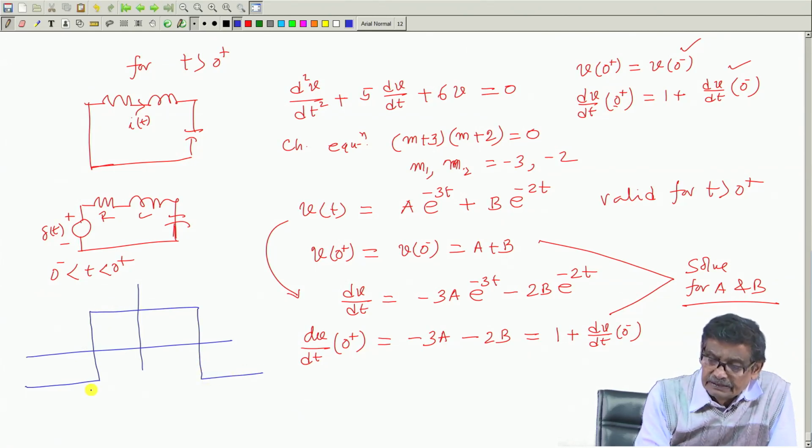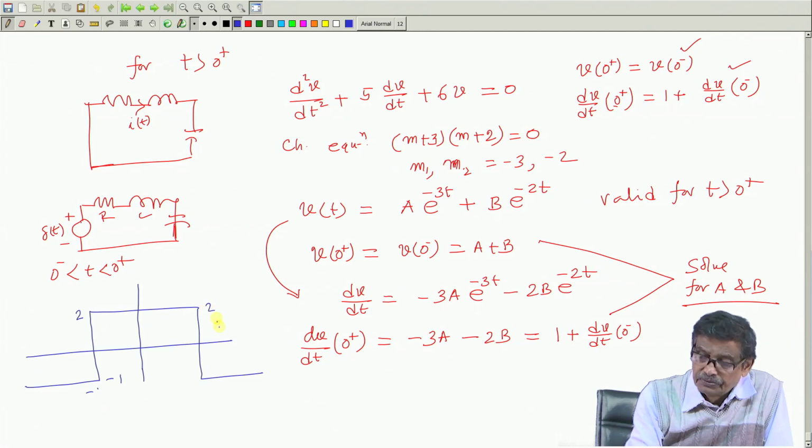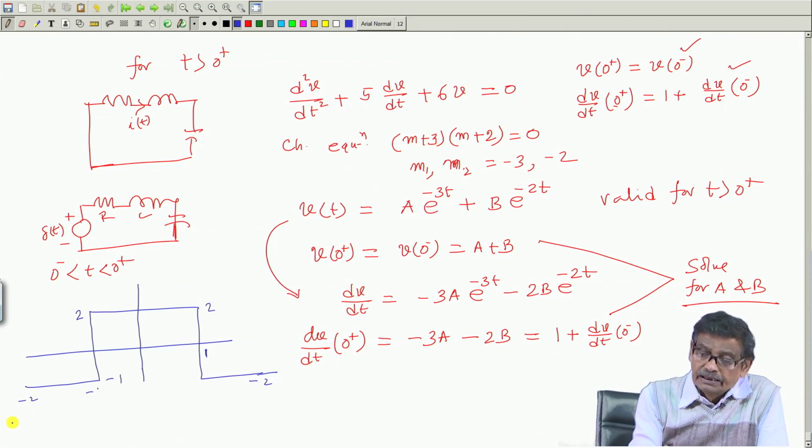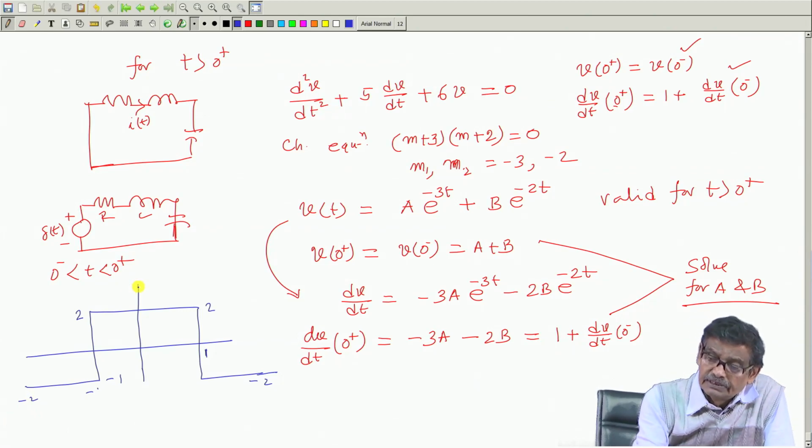This level is -1, this is 2, this is also 2, this is also plus 1. The signal goes like this, -2, -2. What I am telling is, this is some signal x(t).